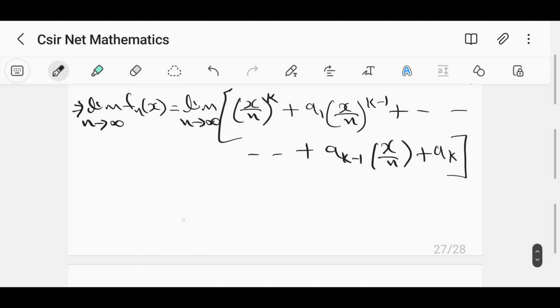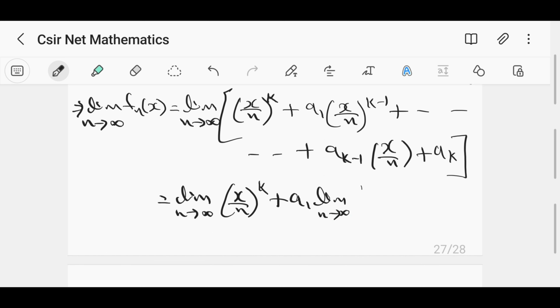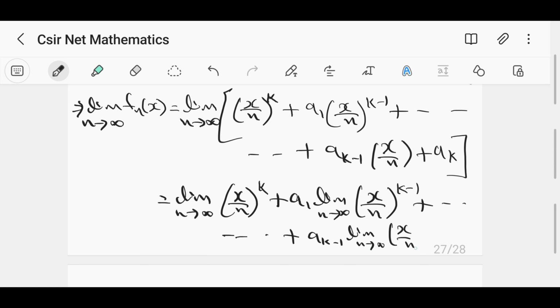So this is equal to limit of (x/n)^k plus a1 times limit of (x/n)^(k-1), plus and so on, plus a_(k-1) times limit of (x/n), plus, here you have only a_k, so limit n tending to infinity of a_k.